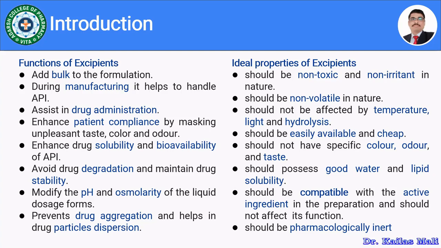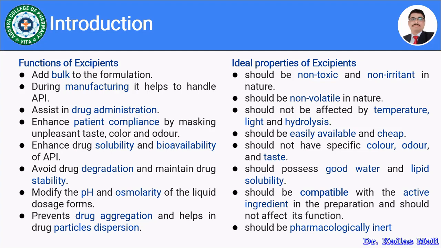It should not produce any toxicity. It should not produce irritation if it is taken orally or applied locally. It should not be volatile in nature, because if we use it in a formulation, sometimes during the processing itself, its volatile content gets removed.